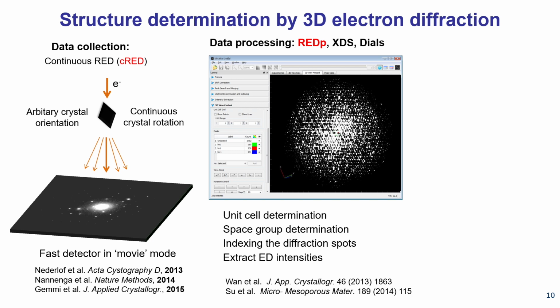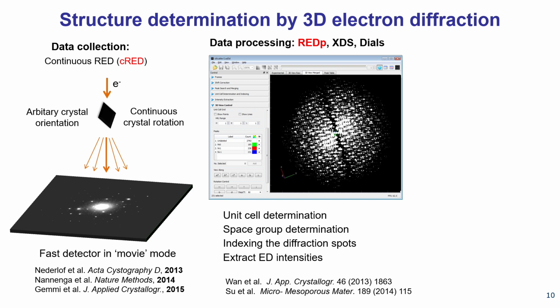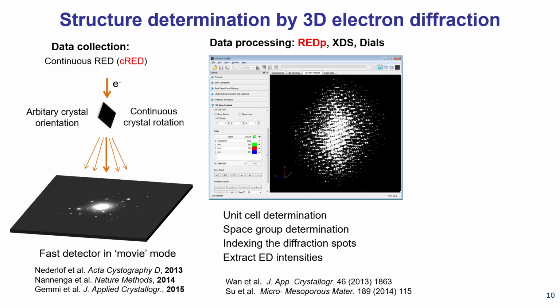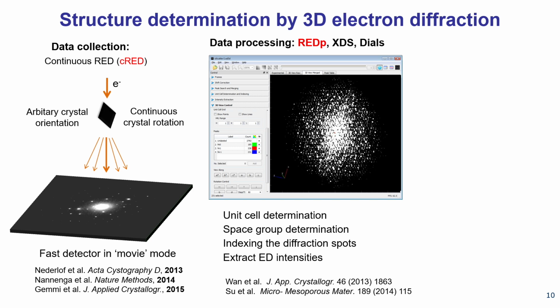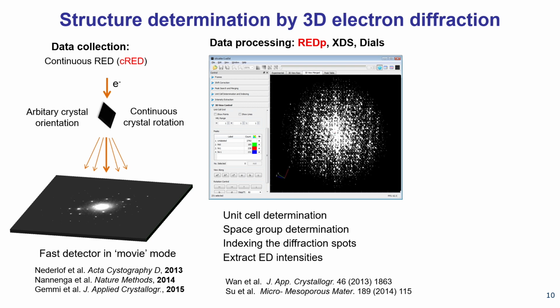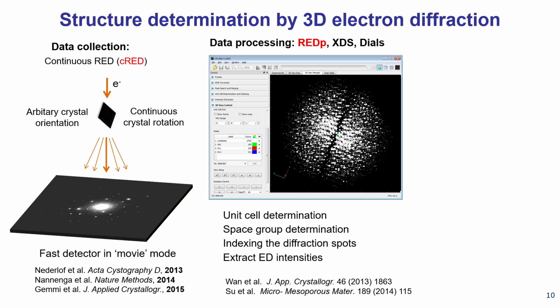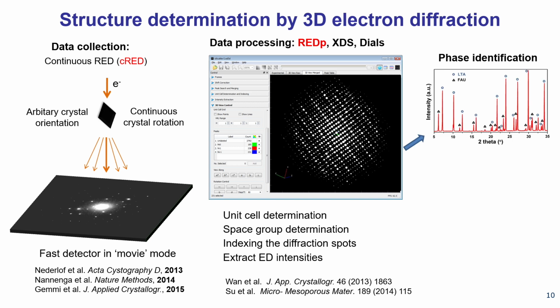From this, you can obtain the unit cell parameters directly from the 3D electron diffraction data and determine the space group. You can index the diffraction spots, and finally extract the intensities that can be used for structure determination if you don't know the structure. So using 3D electron diffraction, you can directly make phase identification.